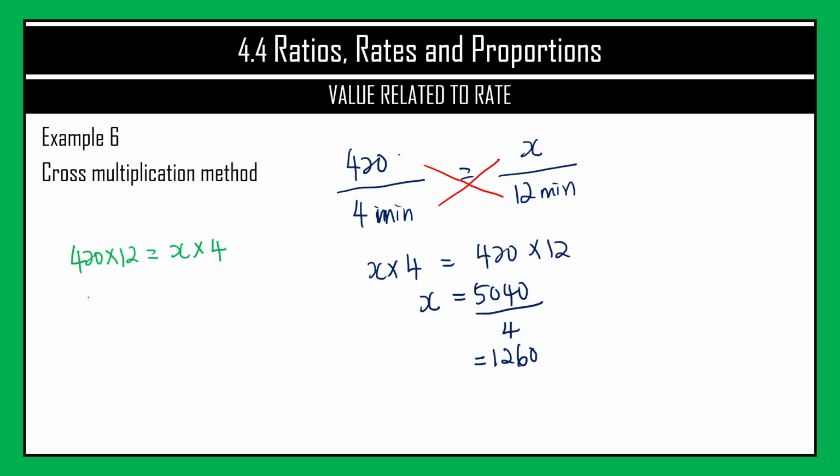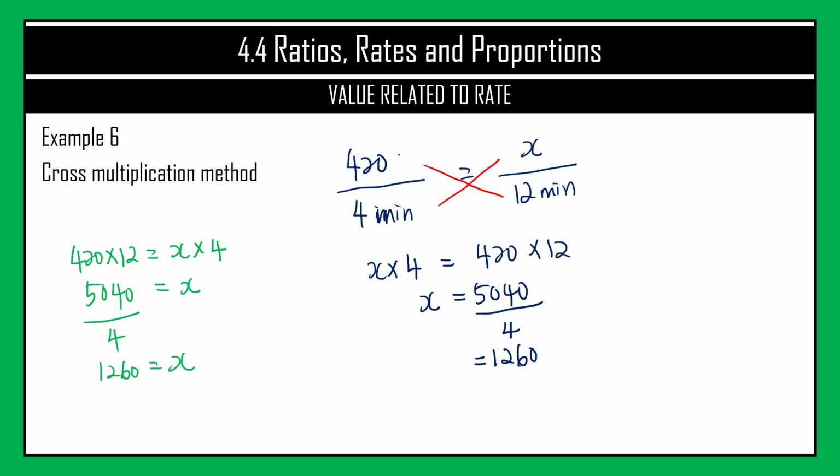Okay, let me show you. Now, 420 multiplied with 12, you will get the same 5040. And because you only want x, you will need to divide with 4. Now the answer will still be the same, which is 1260 equivalent to x.